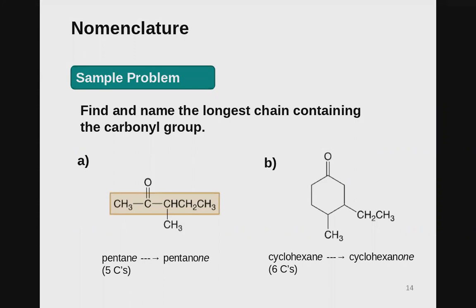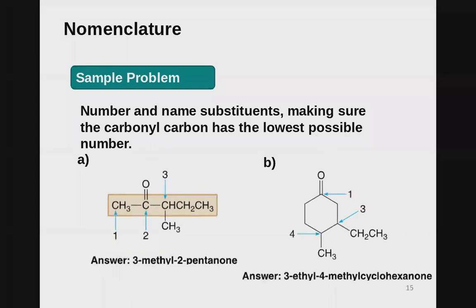Now, another thing you want to make sure you remember is that alphabetical order matters here. It has to be ethyl methyl, not methyl ethyl. Even if the methyl group came first, say if it was here, you still have to go ethyl methyl, not methyl ethyl. That's a funky thing to say five times fast. So 3-ethyl-4-methylcyclohexanone, which is the same answer we got.